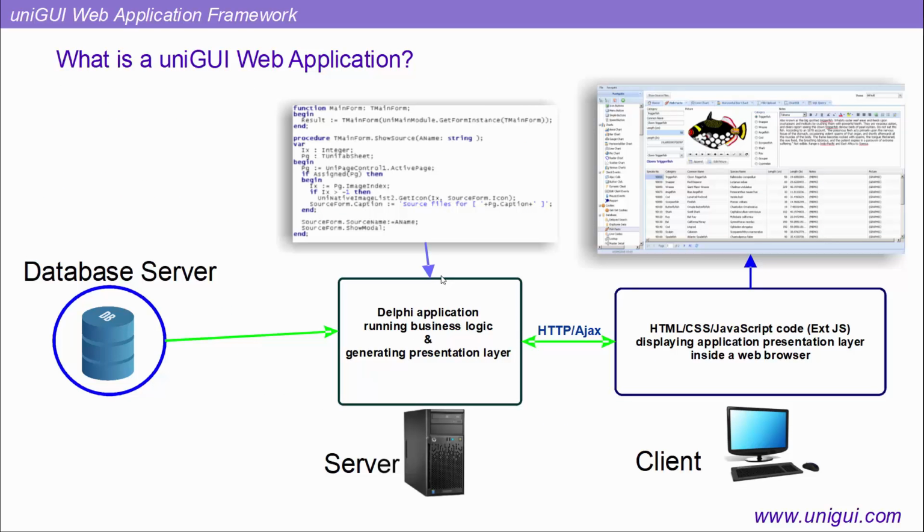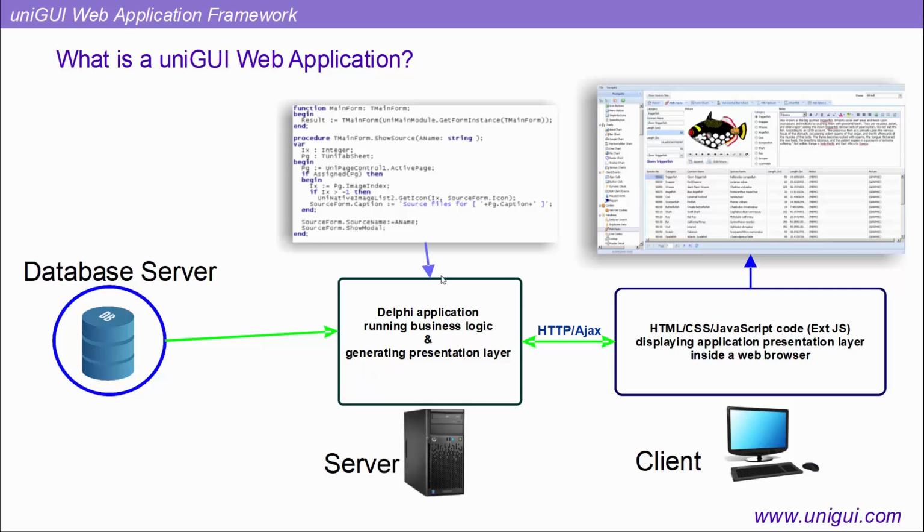Okay, now it is time to ask, what is a web application, or more specifically, a UniGUI web application? Here in this diagram, we have a server in the middle. We have also a client. In our server, a Delphi application is running. It runs your business logic, and it will also generate your presentation layer, which is sent to your client using standard HTTP protocol.